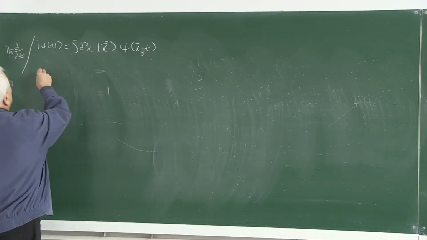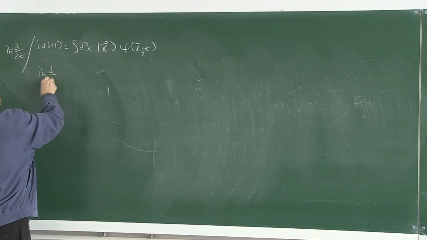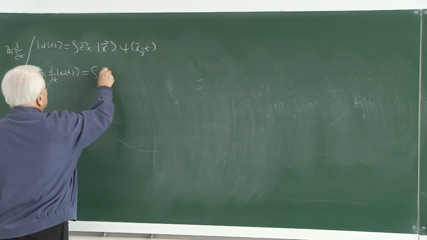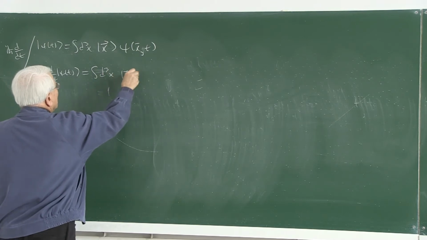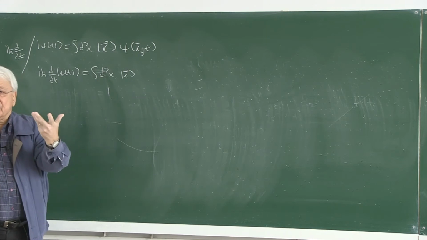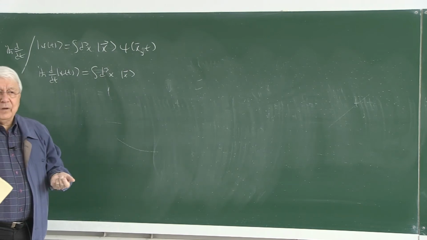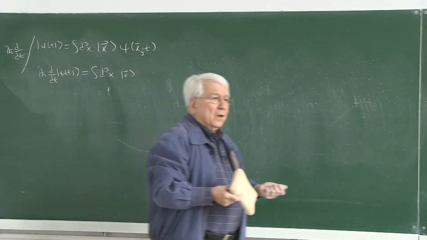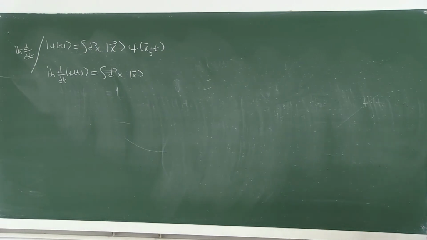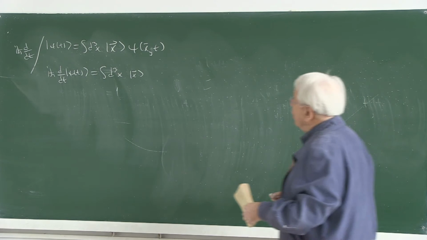So what do I get if I act with that? d/dt of psi of t, integral d cube x, |x>. Now, x doesn't depend on time explicitly. We are in the Schrödinger picture, therefore eigenvectors do not depend on time explicitly. There is only one place in that expansion which contains time dependence, which is psi of x,t. So the time derivative acts on it.